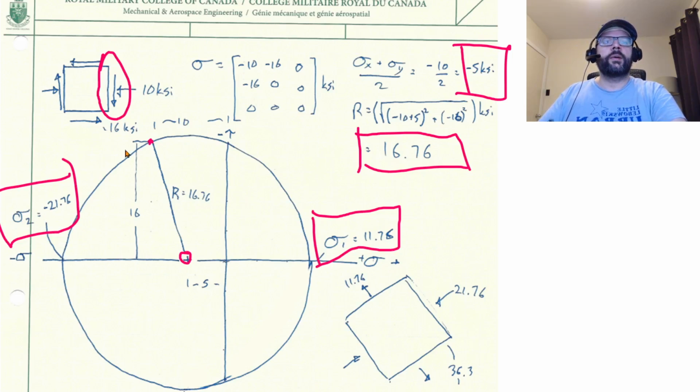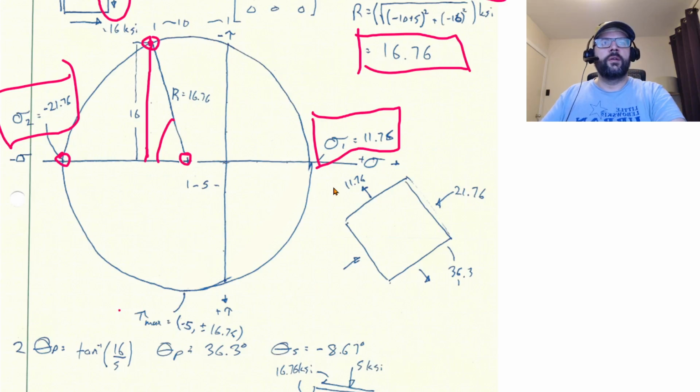So how to get from here to here? We're going to need to rotate. So how much do we rotate? Well, I guess that depends on what this angle is here, right? So we can figure out what that angle is just by taking the inverse tan of the 16 and the 5.